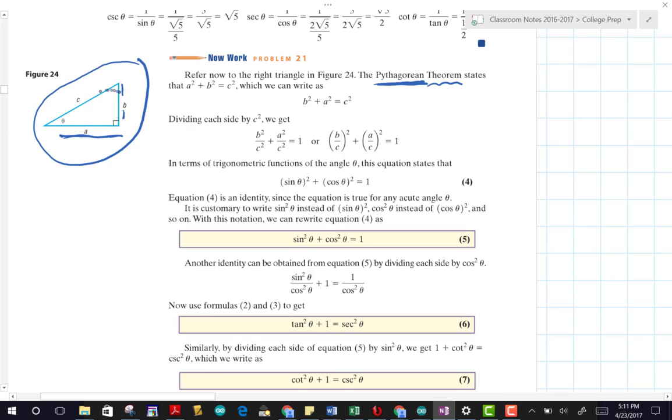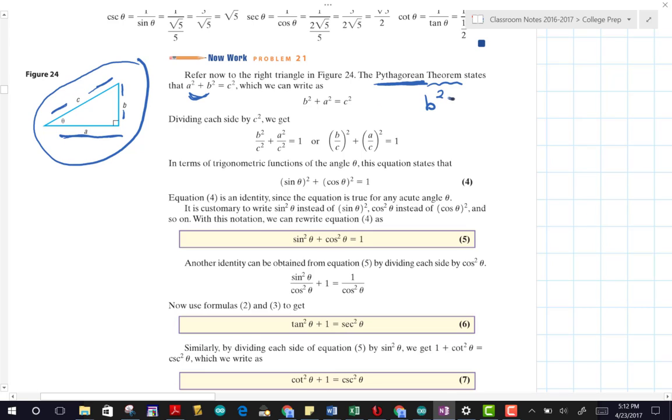They switched A squared and B squared. It doesn't really matter. But if I divide this whole thing by C squared, I have B squared plus A squared equals C squared, and I divide everything by C squared.